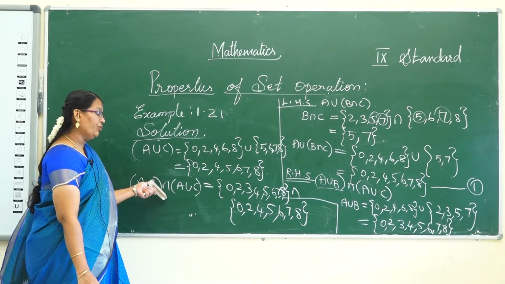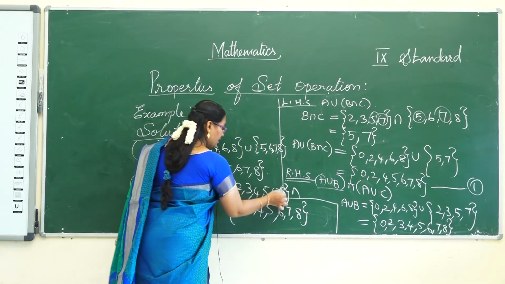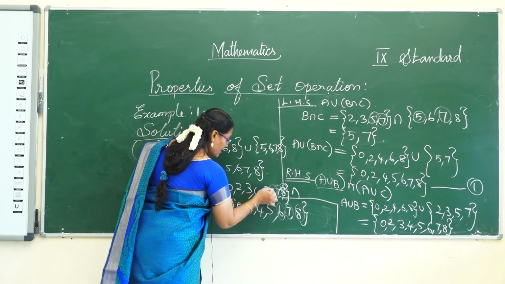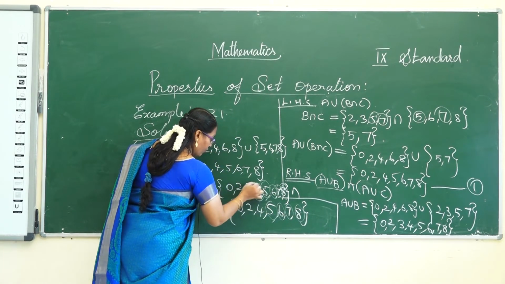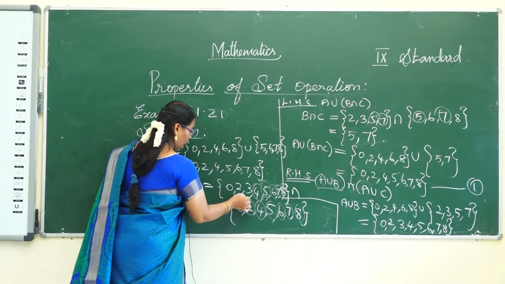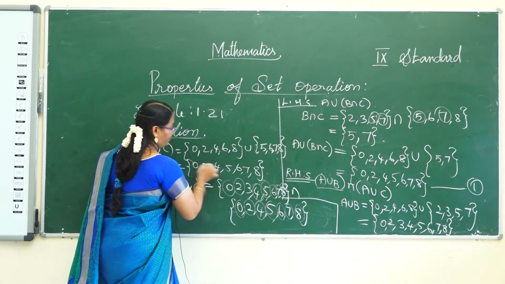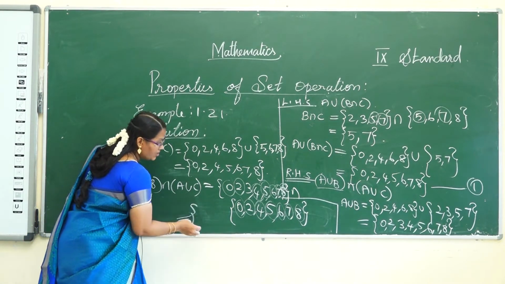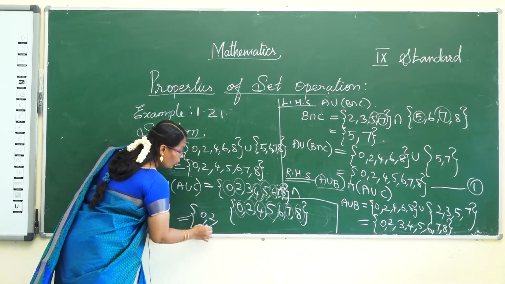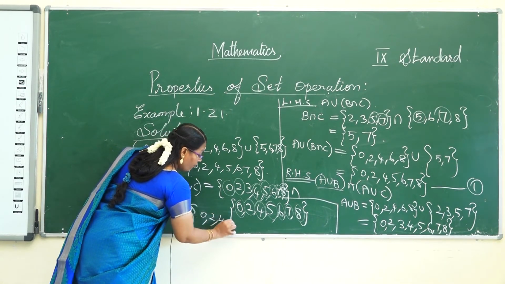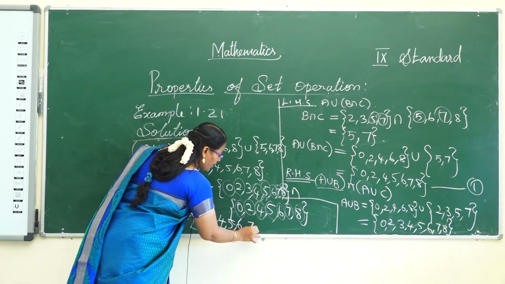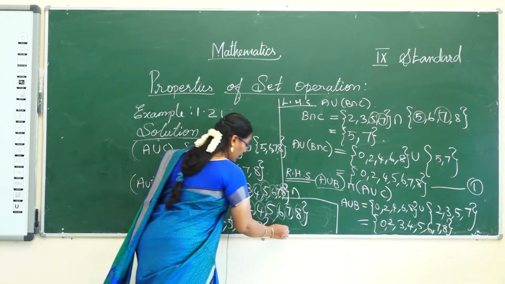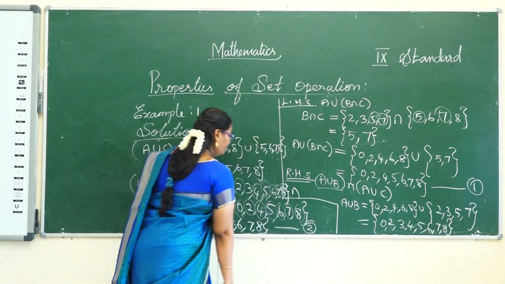Here we want the intersection. Therefore, the elements are 0, 2, 4, 5, 6, 7, 8. This is denoted as equation number 2.